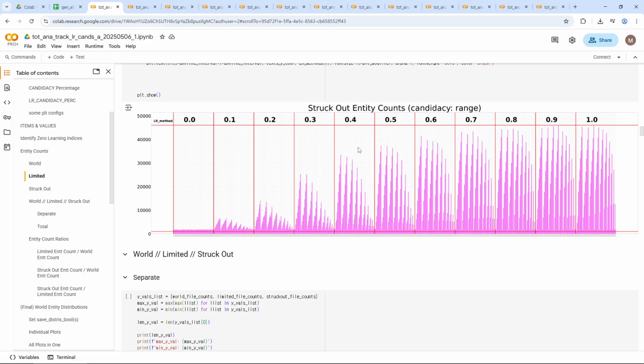So if there used to be 10 entities out of 100 limited entities that had an overall positive slope, and then suddenly in the next run, in the next iteration, in the next given conditions, different learn ratio and different candidate percentage, there are fewer limited entities, but there are still about the same number of entities with a positive slope ratio.